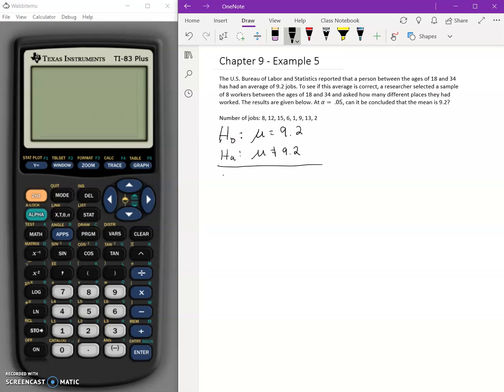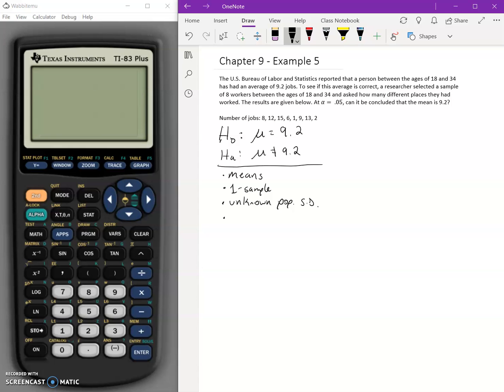So that means that our mean is going to be not equal to 9.2. From here we can know some things about the test we want to do. We want to look at one about means. We have 1 sample. Next question: do we have a known population standard deviation or not? Clearly we're not given the population standard deviation, so we have an unknown population standard deviation.